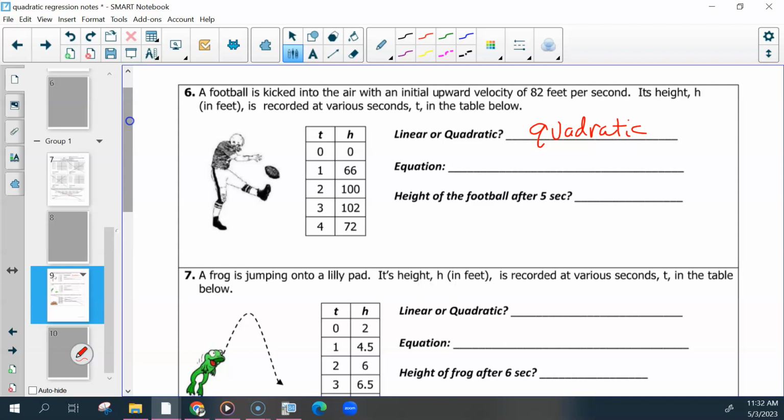Do we want to do this one in Desmos or calculator? I heard Desmos before the calculator, but you can still do it in the calculator.